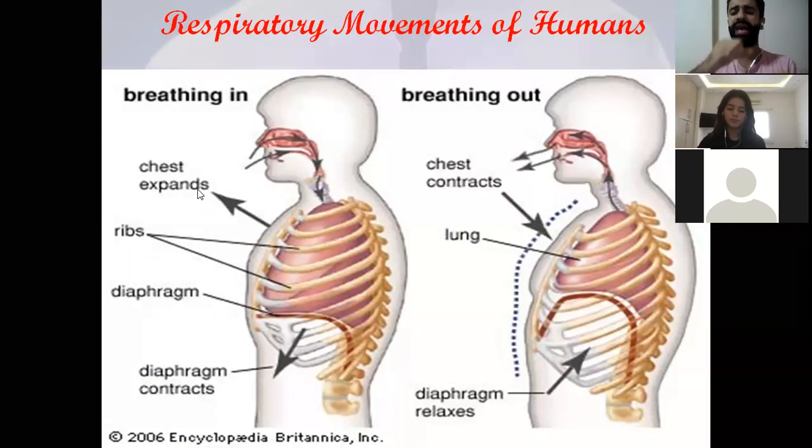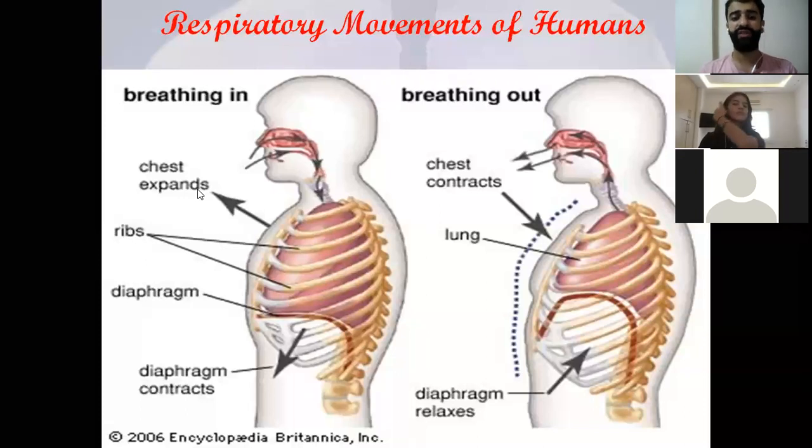Why? Like I'm inflating a balloon. Whenever I inflate a balloon, the balloon will increase in size. And whenever we breathe out, the chest will contract. So this is called breathing. Breathing in, the chest expands; breathing out, the chest will contract.